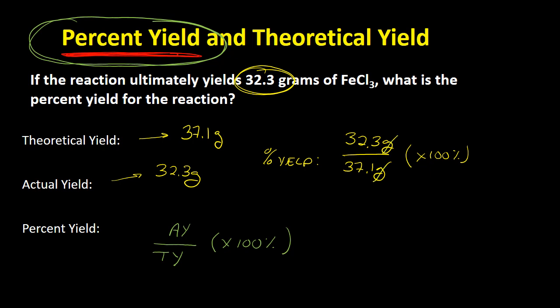All right, so those cancel out, and multiply by 100%, and I got 87.126%. Again, we should look at significant figures. We've got 3 sig figs in both of these values here. So we want to round this to 87.1%. That's our percent yield.